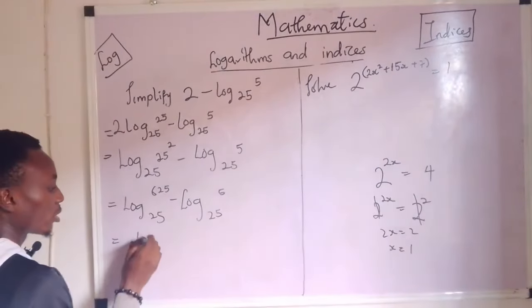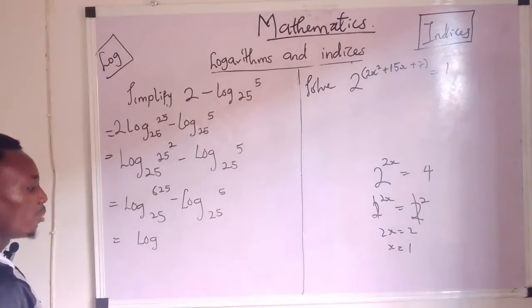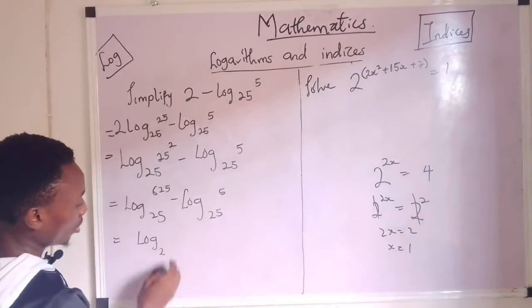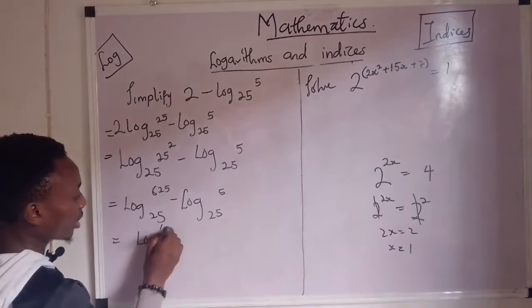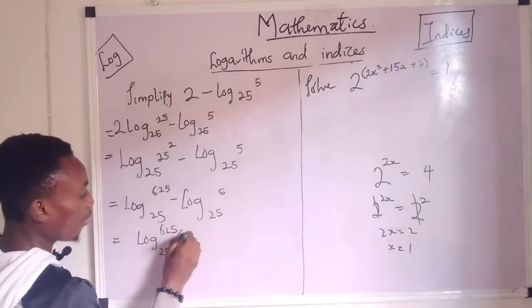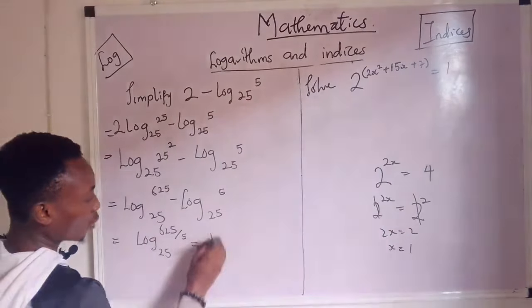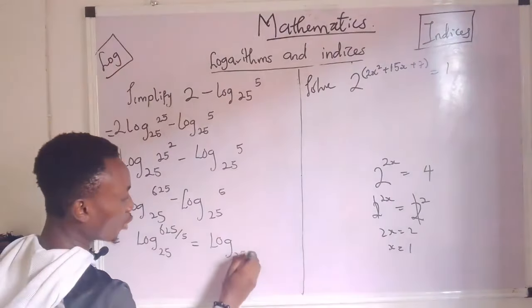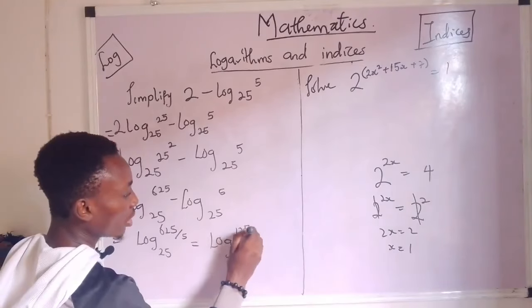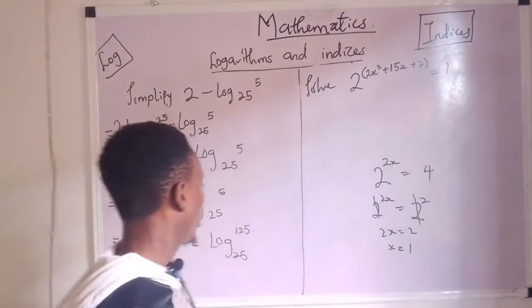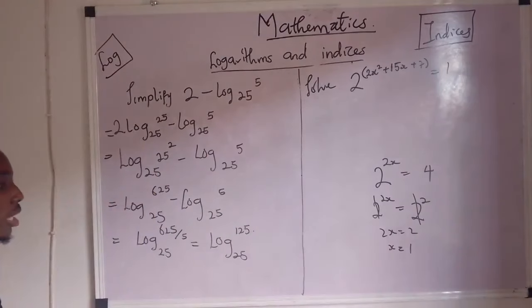Applying this, you have the logarithm of 625 divided by 5. This will actually give us the logarithm of 125.